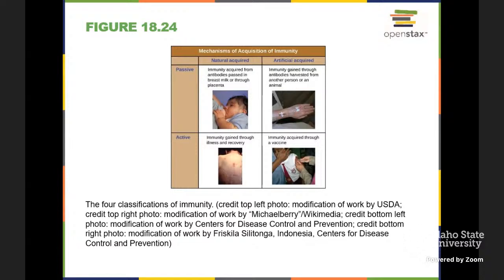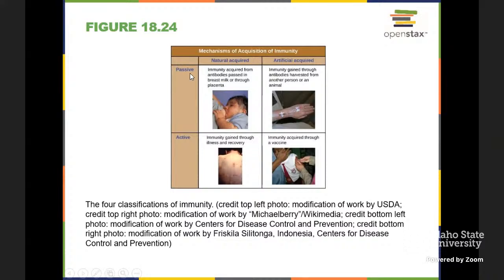With those secretory antibodies, the IgA molecules are super important while that child is breastfeeding. These antibodies get into the gut and help to provide some immunity initially. So passive, naturally acquired: breast milk and crossing the placenta.